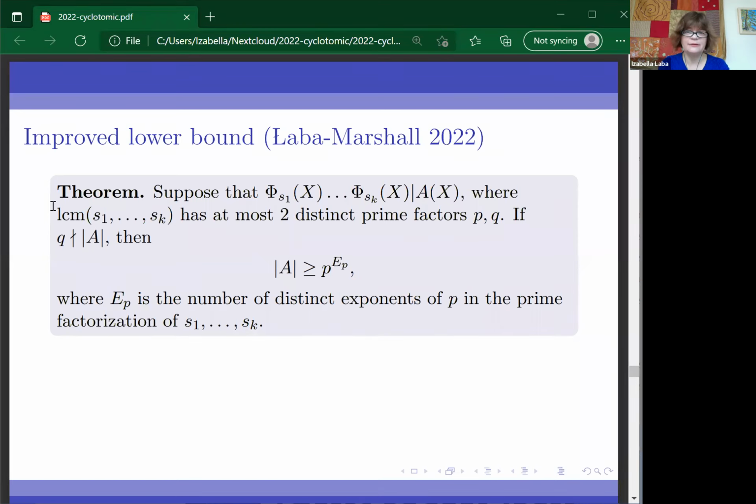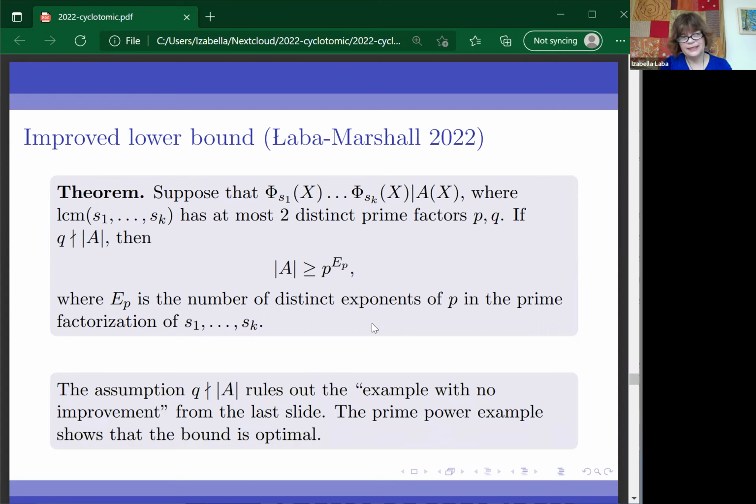A may also have additional cyclotomic factors that are not of that permitted form, but it does not enter the considerations. If we assume that q does not divide the cardinality of A, then the cardinality of A has to be bounded from below by p to the e_p, where e_p is the number of distinct exponents of p in the factorization of s_1 to s_k.